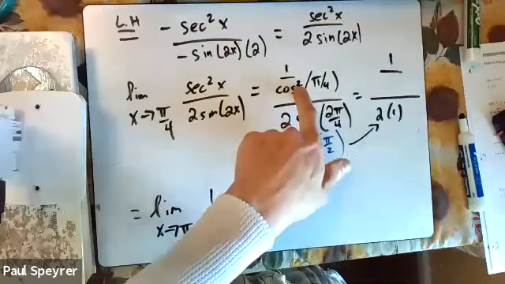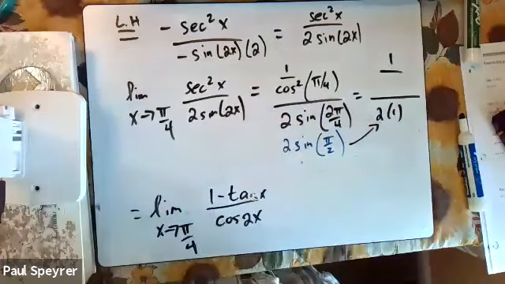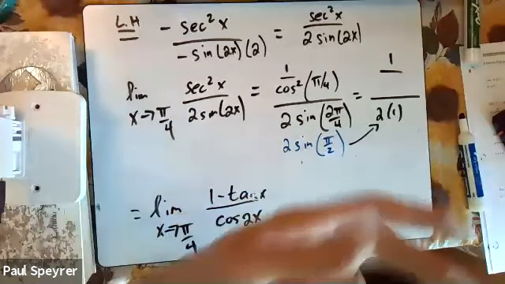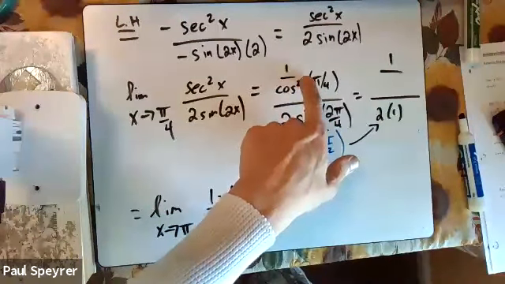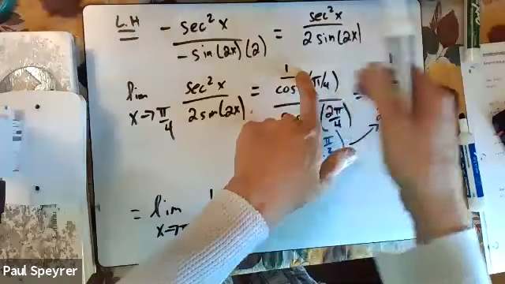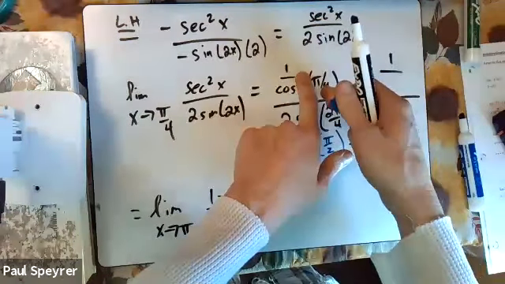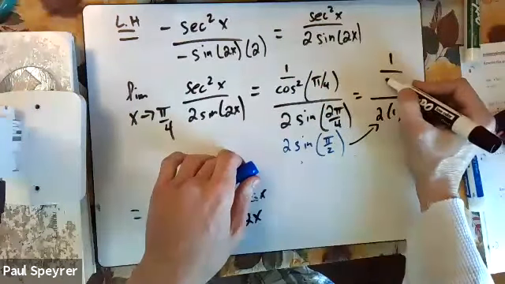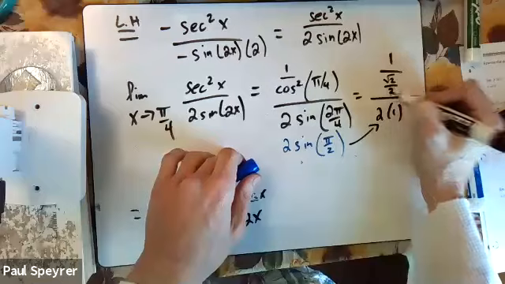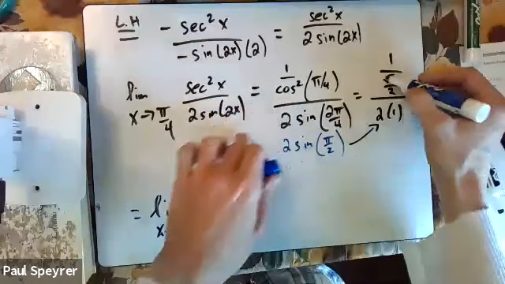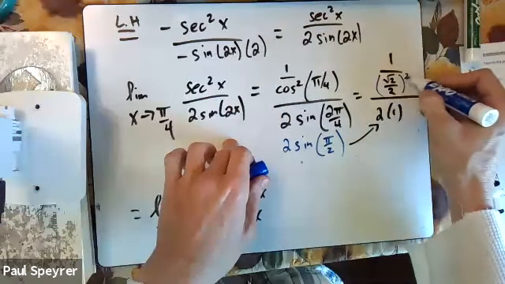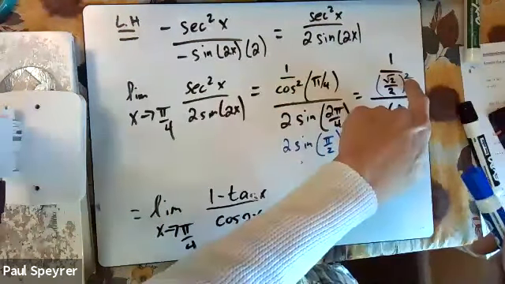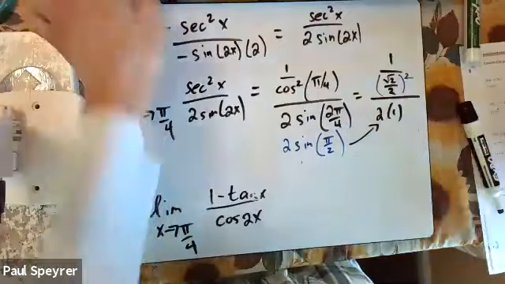So remember, if you have a power for a trig function, don't go, I don't know what's cosine squared or what's cosine to the 10th of pi over 4. It doesn't matter what that exponent is. Ignore it for now and just look at the base trig function. What's cosine of pi over 4? That's the square root of 2 over 2. But since it's squared, we have to square that thing, right? If this is to the 10th power, it'd be a 10 right there.